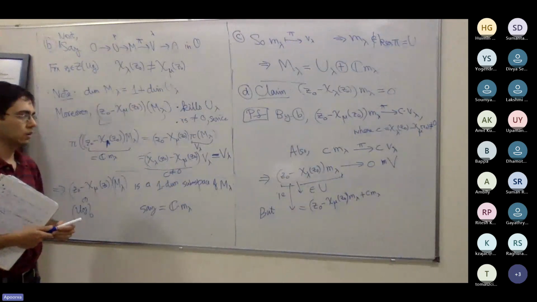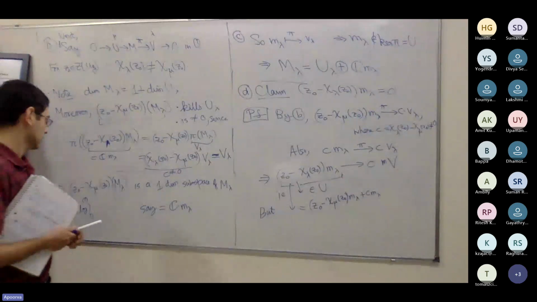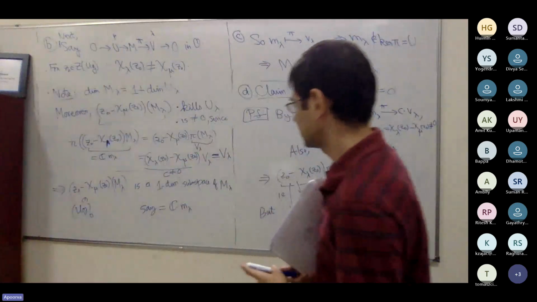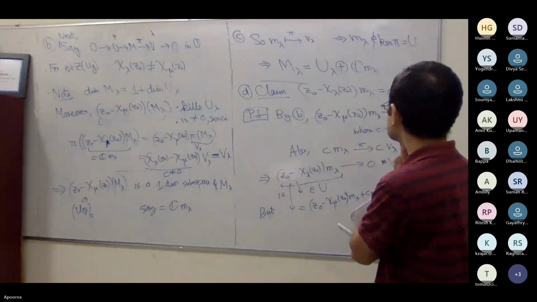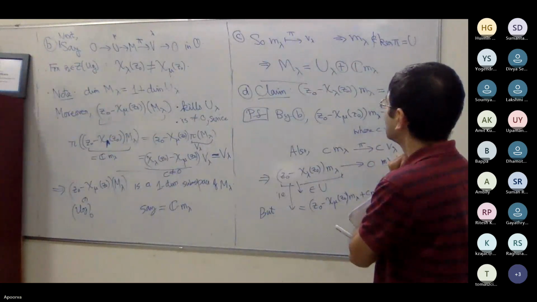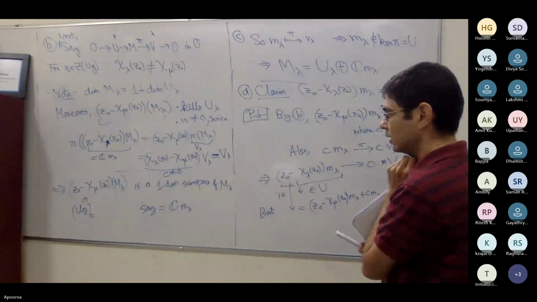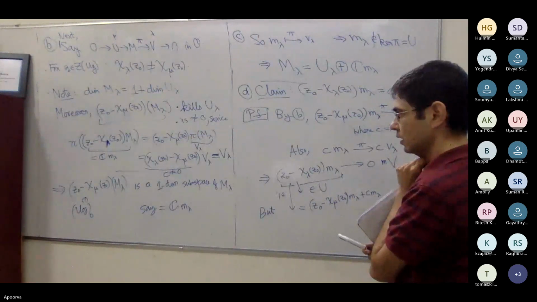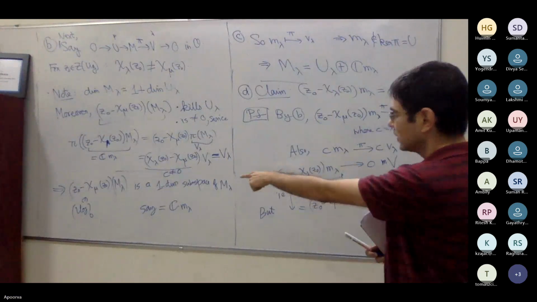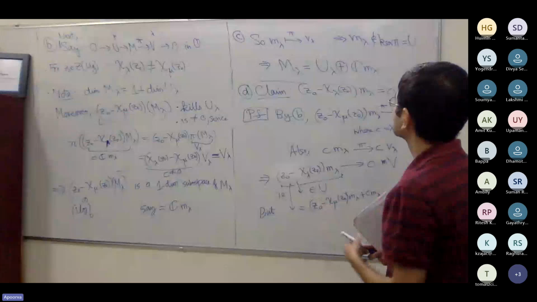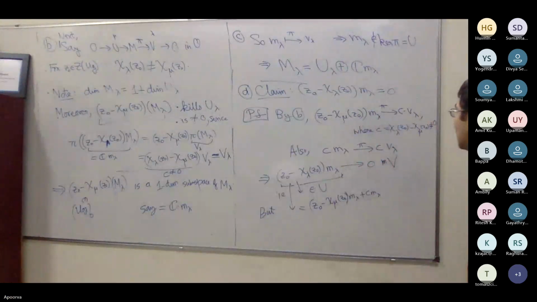But by definition, we know Z naught acting on small m lambda is a scalar times it. If you show that, then maybe that's what I should be doing. From here, it should directly follow. I should not be doing that. Just think for one minute, and then we will do it.